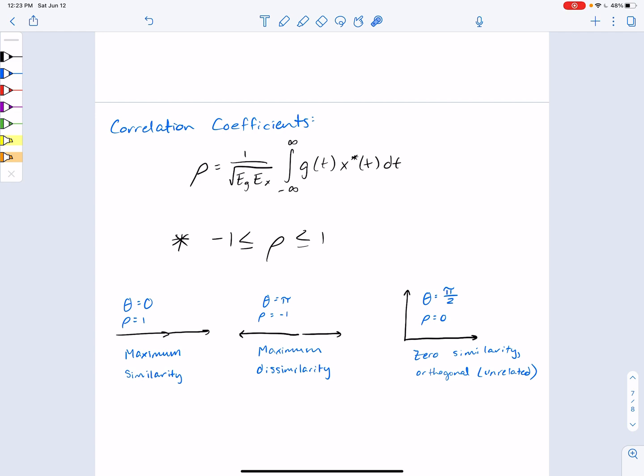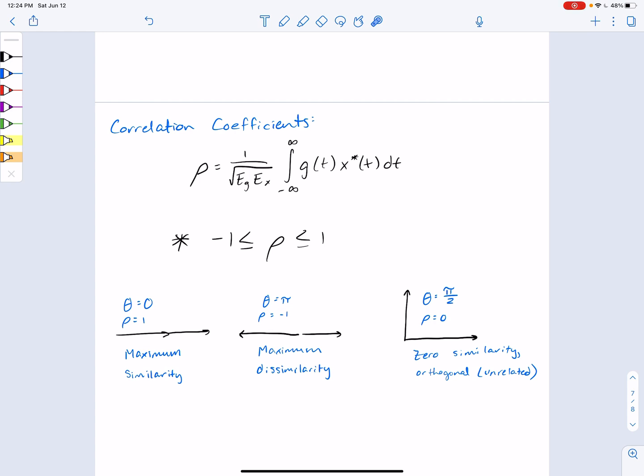If I have two signals that are the same, like g of t and x of t, then I know the correlation coefficient is 1, because 100% of it is the same. If g of t is equal to negative x of t, so they're basically the same signal, just multiplied by -1 for one of them, then they are 100% dissimilar.